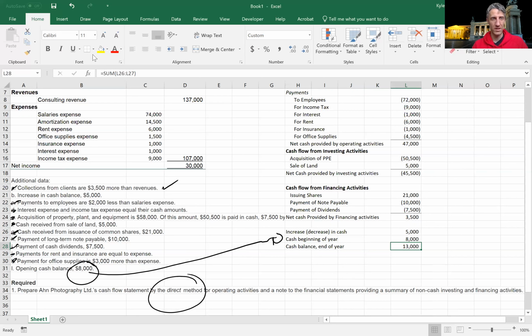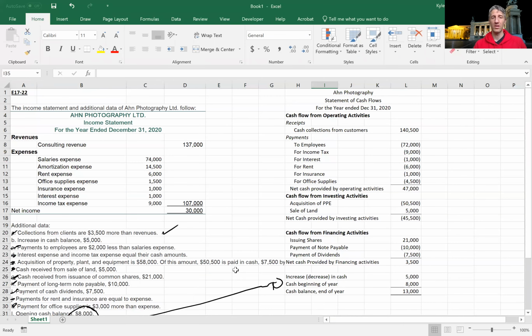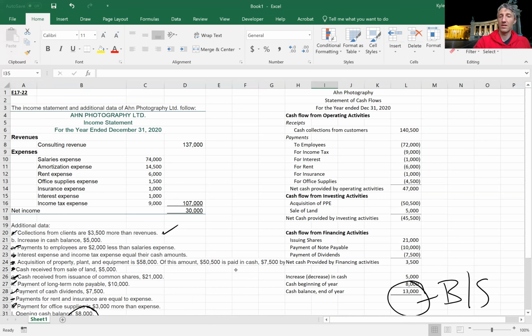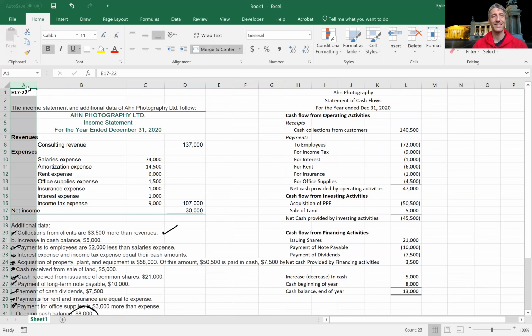I'm going to double underline to indicate that there's no further calculation. And we're done with our cash flow statement using the direct method. Now, this cash balance end of year, it's going to reconcile with the cash balance on the balance sheet. It should match 100% correctly. Okay, so this is the cash flow statement using the direct method from E17-22.